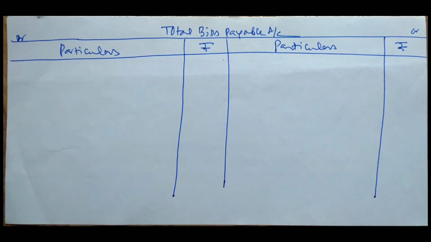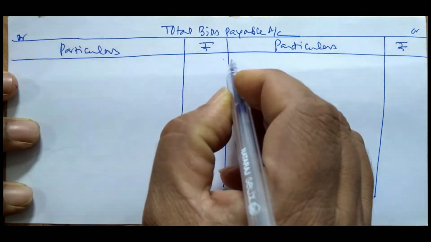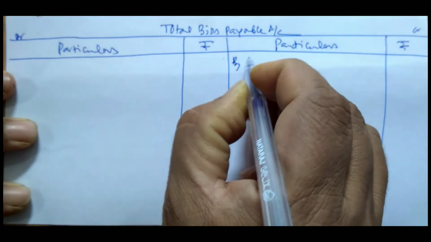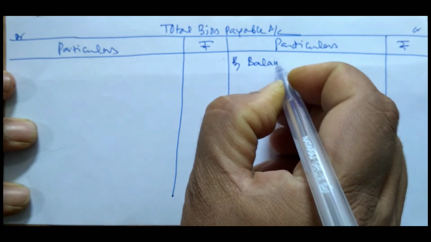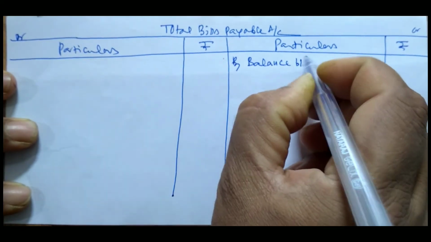To solve total purchases, first we have to prepare bills payable account to find out the total bills payable issued during the year. Bills payable is the liability. The opening balance always shows credit.